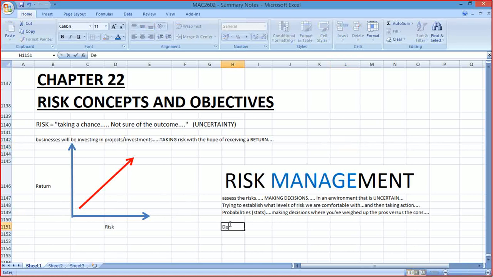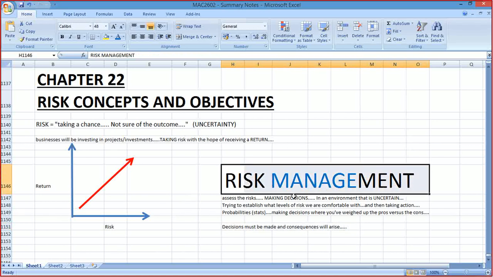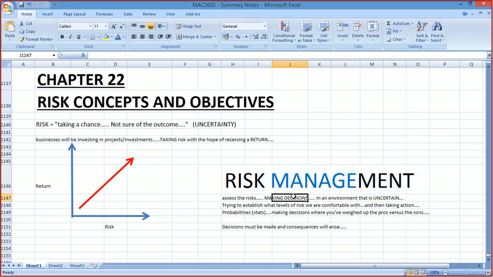Obviously decisions must be made and consequences will arise. Risk management is basically looking at, well, if I'm going to be making a decision, can I live with the consequences? Right, that's managing risk. So have you identified all the possible negative effects that could arise, and have you decided on whether or not this is something that you're still willing to do?